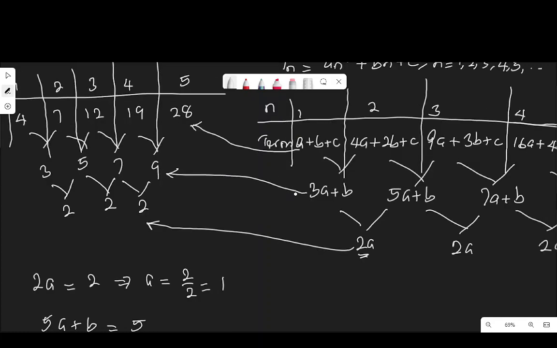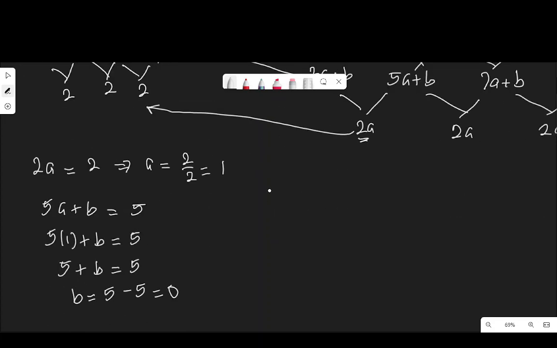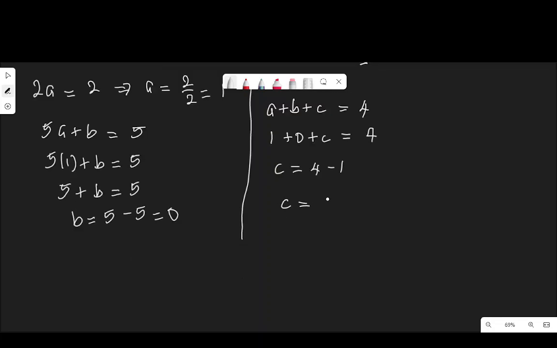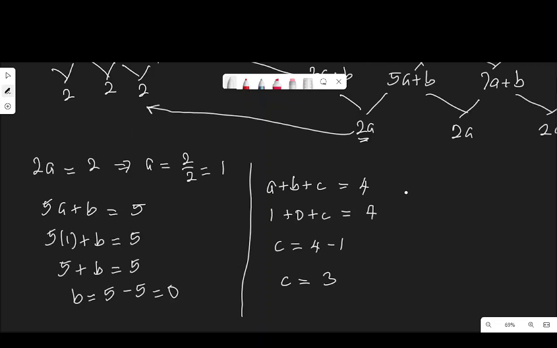Let me pick the first one, a plus b plus c equal to 4. We know a to be 1, b 0, and c then equal to 4 minus 1. That means c is equal to 3.